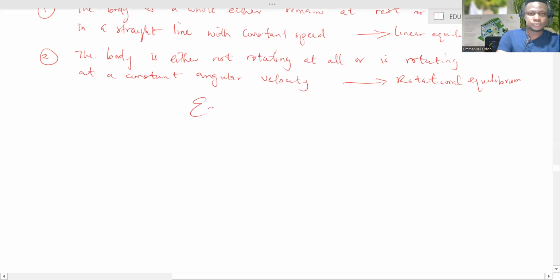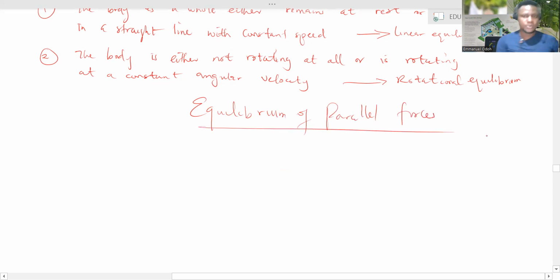Equilibrium of parallel forces. So for parallel forces, we have that the sum of forces or moments is zero.